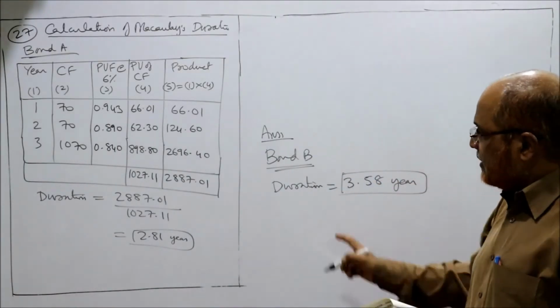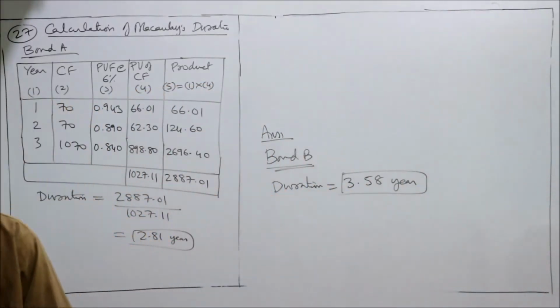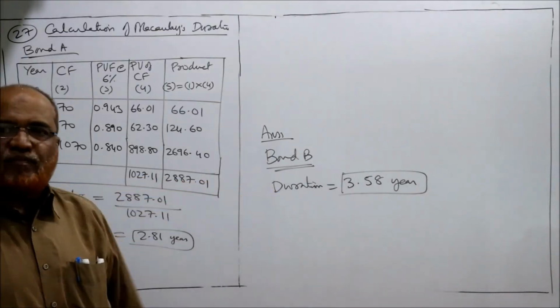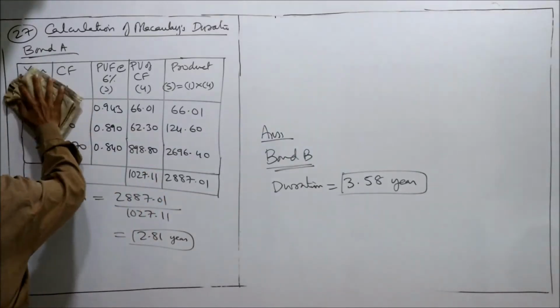The answer will be 3.58 years. So note down the answer for bond B. Duration 3.58 years you should get. Calculate the same way.